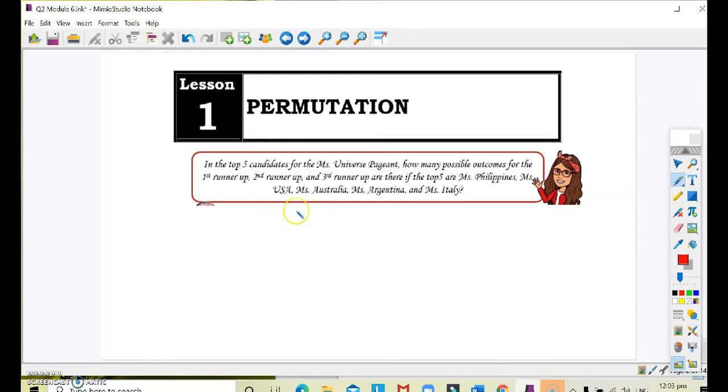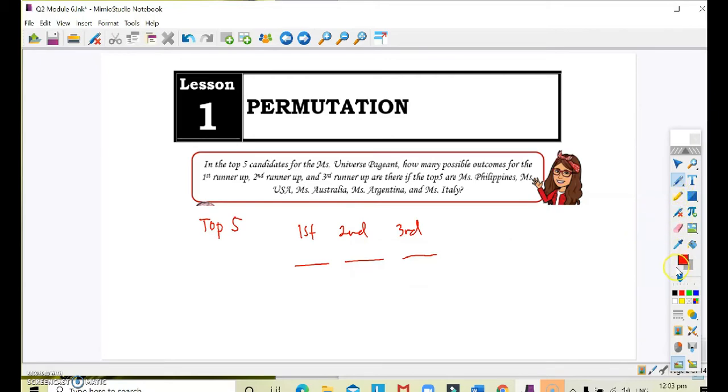First thing we know is that we have the top 5 candidates and we need to fill in 3 positions: the first runner-up, the second runner-up, and the third runner-up. If we are to fill in these 3 positions, the question is how many possible outcomes will we have for this particular scenario?